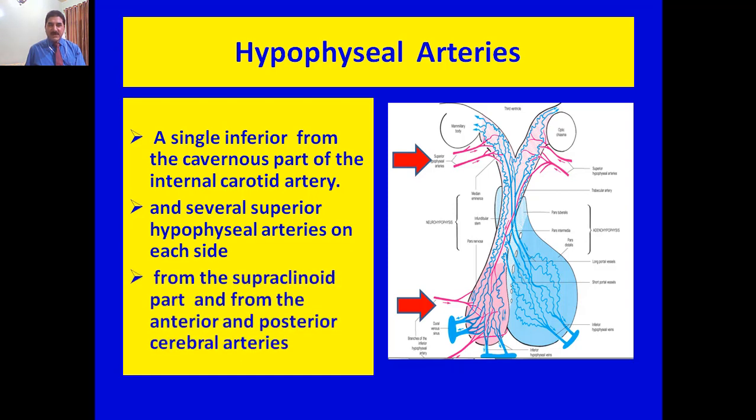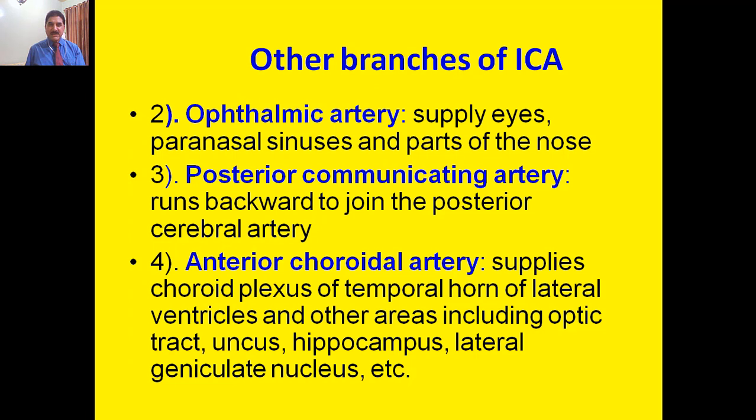They arise from the supraclinoid part and from anterior and posterior cerebral arteries. Other branches of internal carotid artery are ophthalmic artery, which also arises from the cavernous part of internal carotid artery and supplies eyes, paranasal sinuses, and parts of nose. And posterior communicating artery runs backwards to join the posterior cerebral artery.